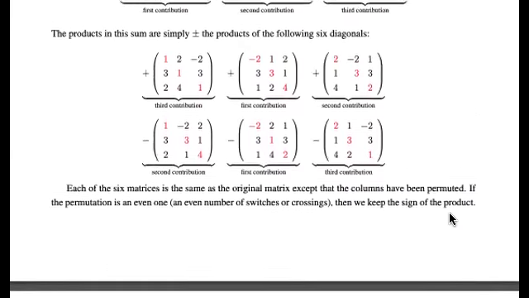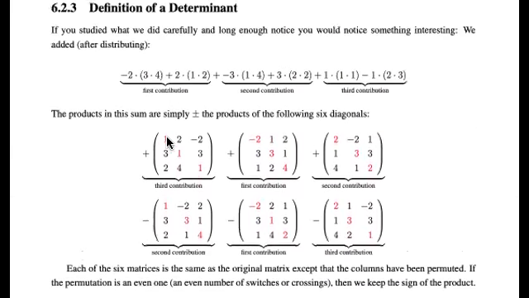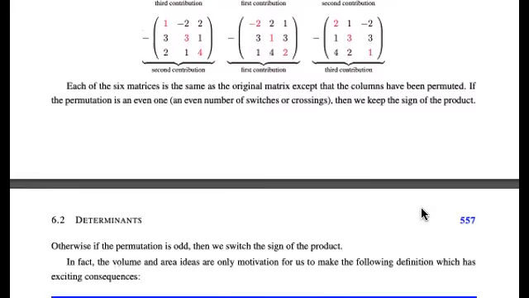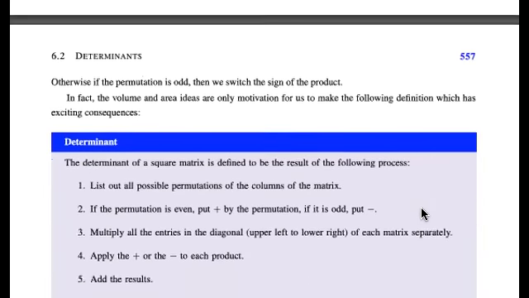Notice we have 6 things to add, because we're looking at permutations on 3 things, so 3 factorial is 6. If we were doing a 4 by 4 and we did the same technique, there would be 24 different things to add, and that seems like quite a bit. But nonetheless, we can take that as a definition.